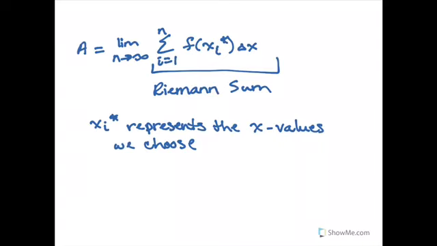So the x sub i with an asterisk means it's whichever x values I decided to use to get the heights of my rectangles. And f of x sub i with an asterisk is the y values, or the heights of my rectangles, to go with it.